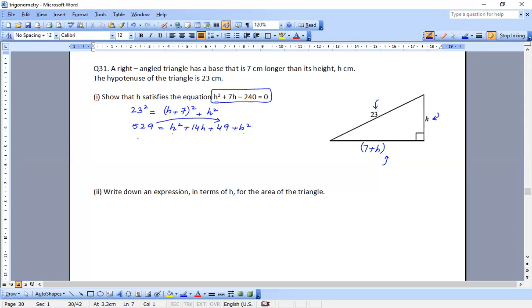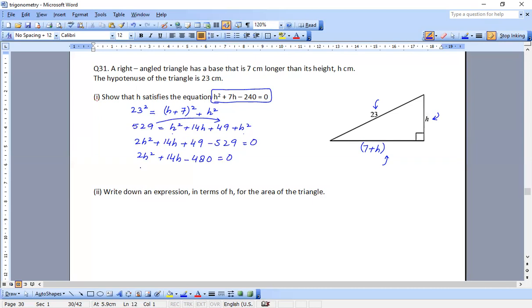And I'm going to write it in this way. H square plus h square becomes 2h square plus 14h. I already had 49 on this side, and I'm going to subtract 529 from it. This is going to be 480. This is 2h square plus 14h, that is going to be minus 480.